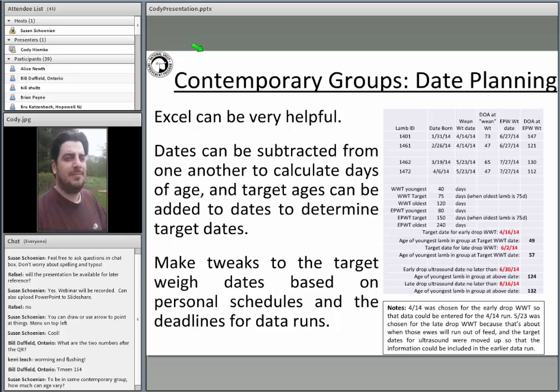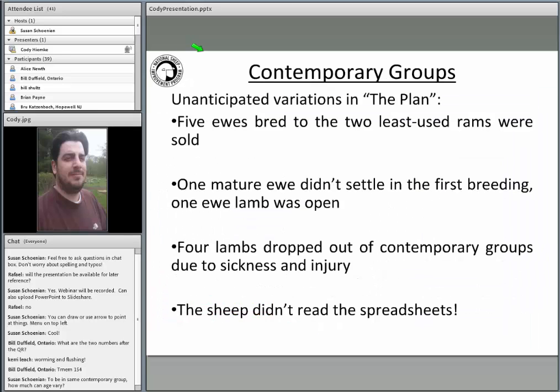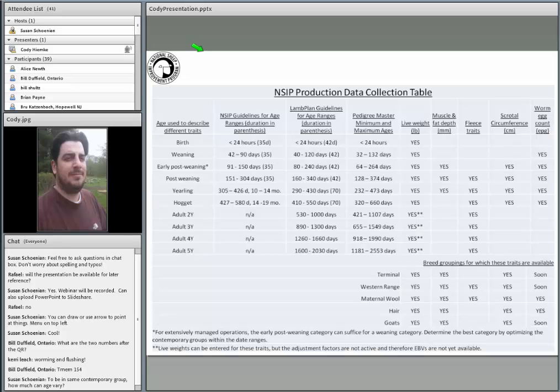Well, Susan, for how much age can vary, and if I can scoot back real quick, I didn't cover that on the earlier slide, but I should have. Based on the Lamb Plan guidelines, that age variance is 42 days. That's the number I have in parentheses in the third column for those younger weights, and then 70 days on the older weights.